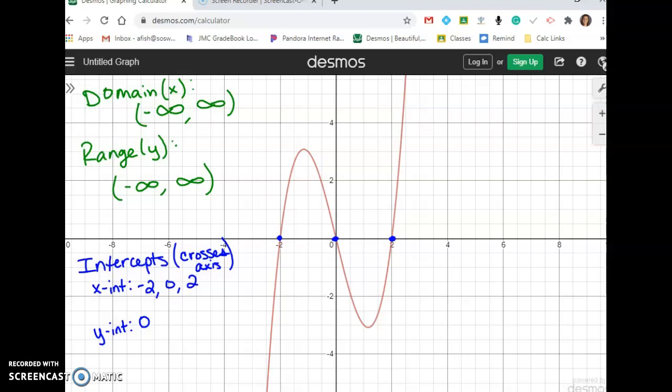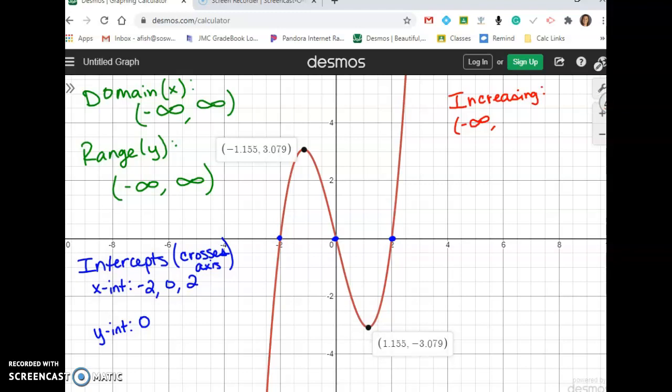Next, we need to talk about increasing and decreasing. This is just where the graph is going up. That one's pretty self-explanatory. I can see that the graph is going up from my negative infinity to this value. If I click on that graph, I will actually get a point, as you can see there and there.